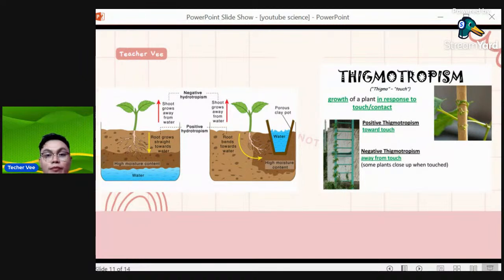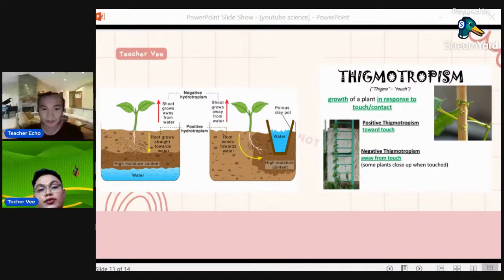How about thigmotropism? From the word thigmo kasi means touch, no? So, meaning to say, this is the turning or bending of a plant or other organism in response to a touch or stimulus. Meron kasing negative tsaka positive thigmotropism.